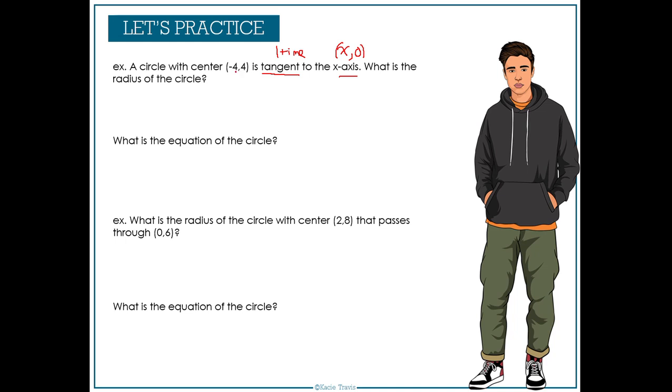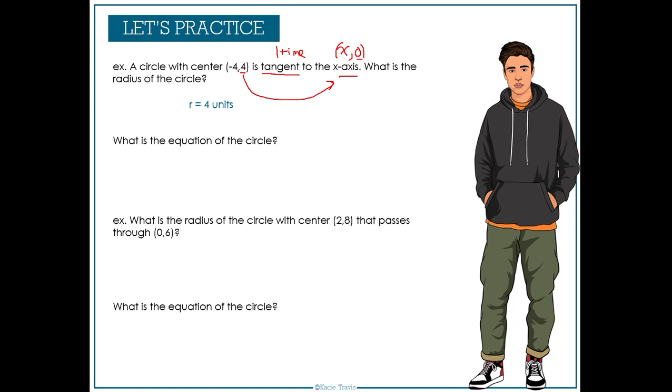So, how far is our y value here from here? That tells us our y values are 4 units apart. So, really all we're doing is we're just looking at how to get from here over to the x-axis for us to find the radius.